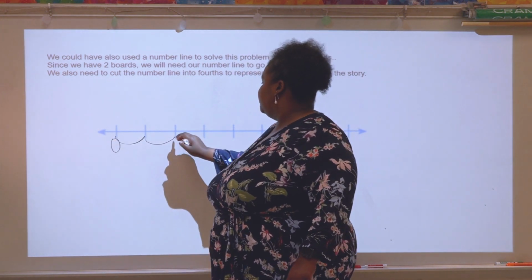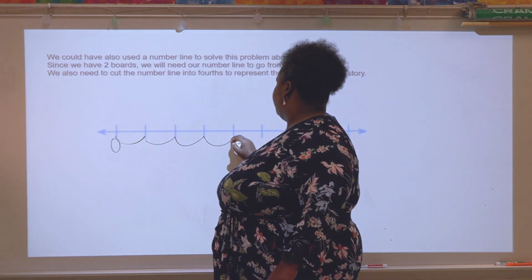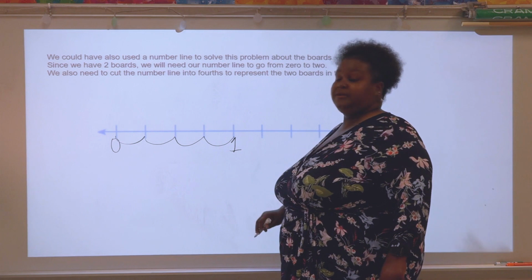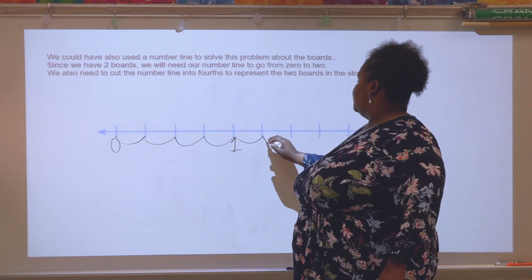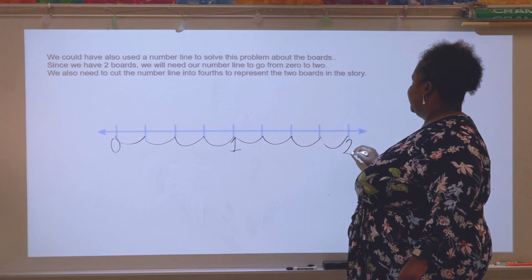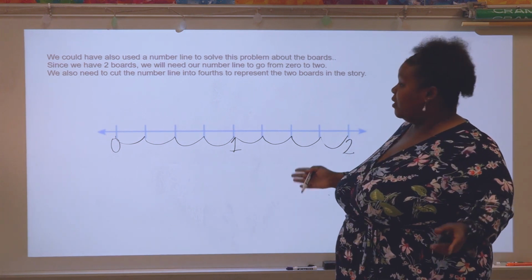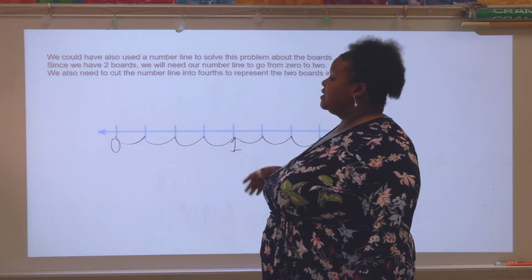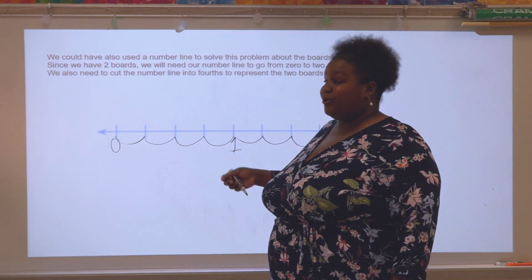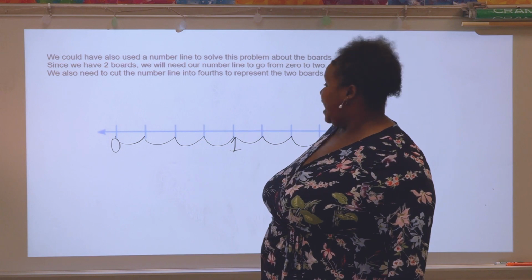Let's see. I'll start this one with 0 and let's cut it into fours. 1, 2, 3, 4. That's going to be 1 whole board. 1, 2, 3, 4. Now I have 2 whole boards. I'm going to use the denominator of what? 4, you're right. And I'll label the top line.